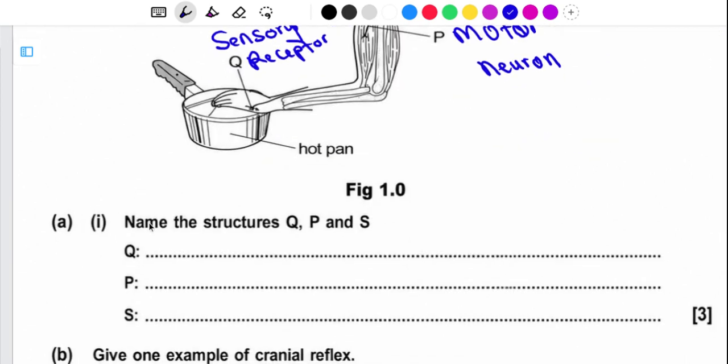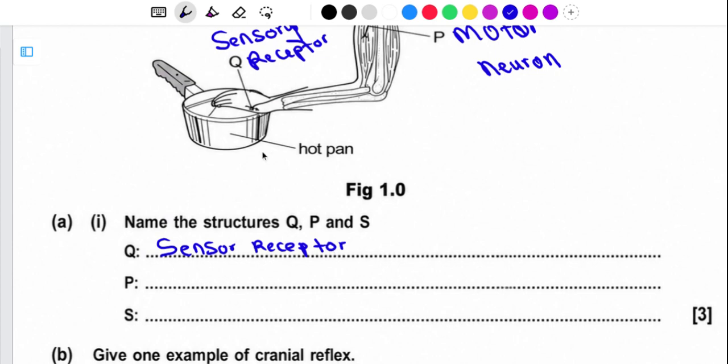Question A is saying name the structures Q, P, and S. So for Q, I'm saying that this is the sensory receptor. If you don't want to say sensory receptor, you can just say a receptor.